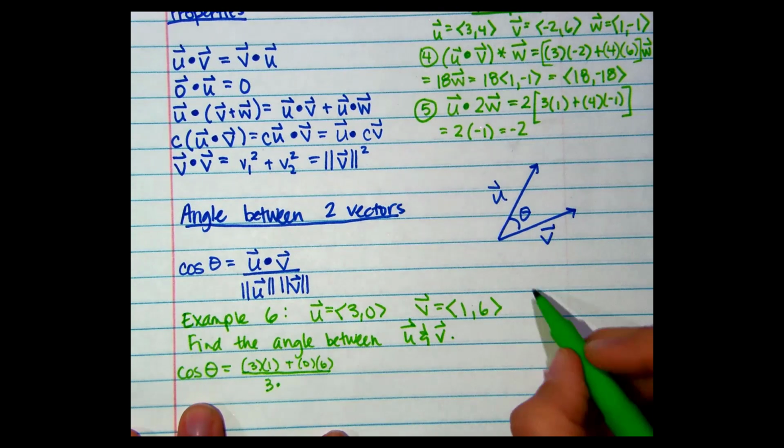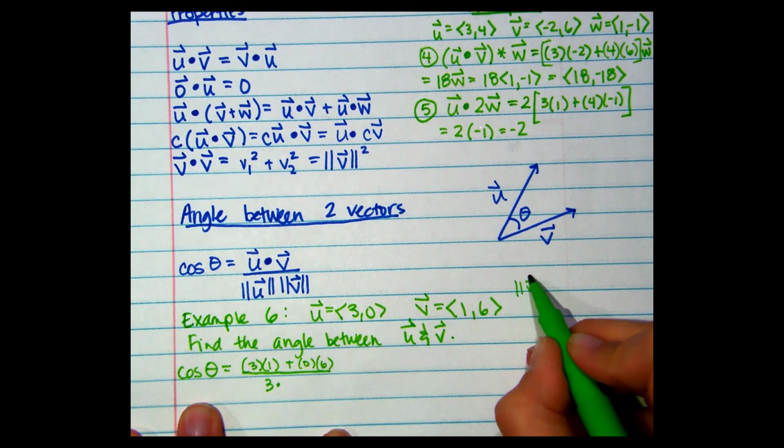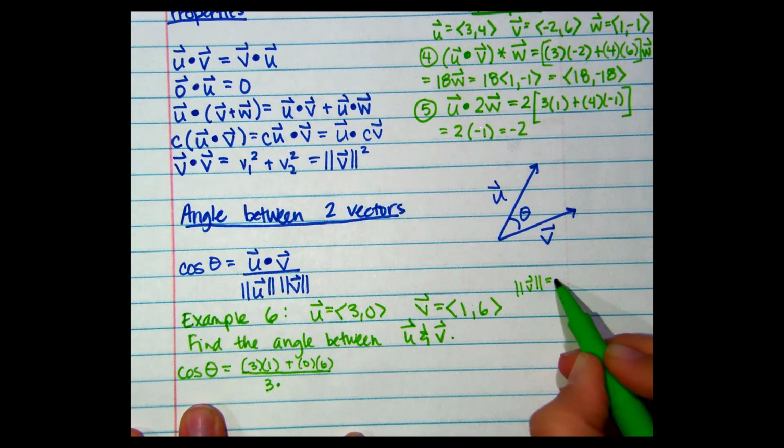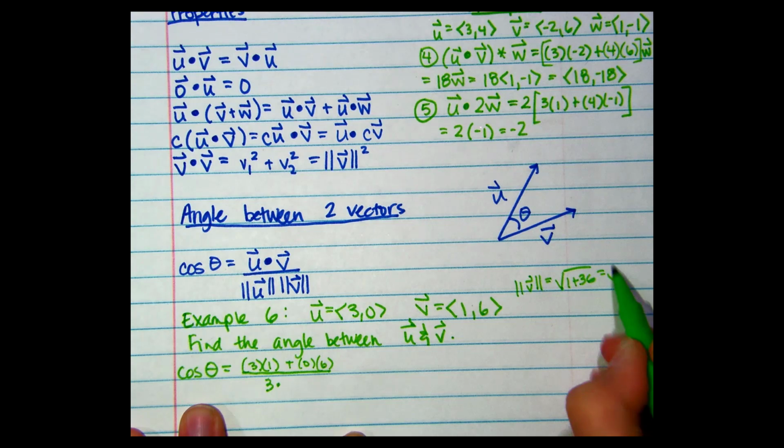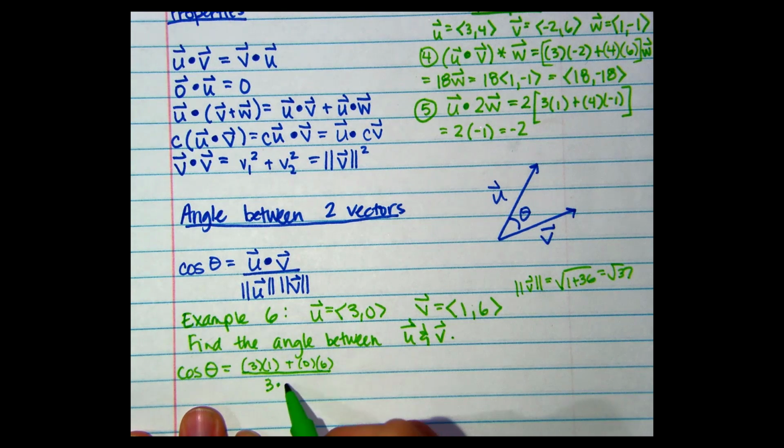That might take a little more work. Square root of 37. So I've got 3 over 3 root 37, which is just 1 over root 37.